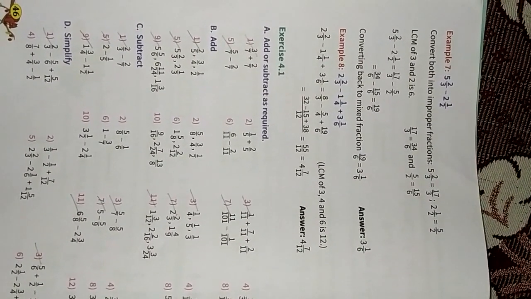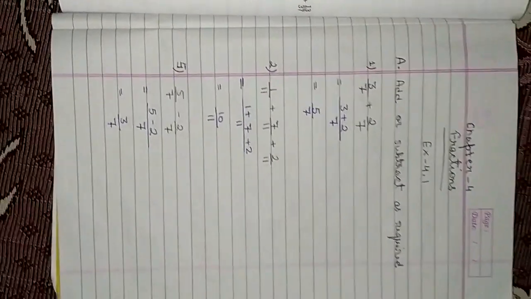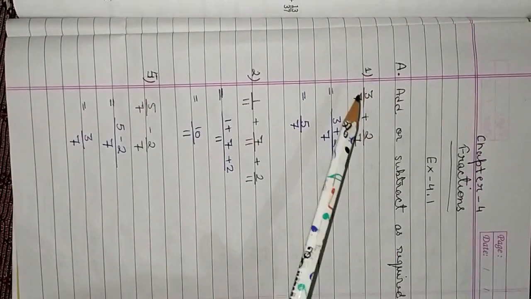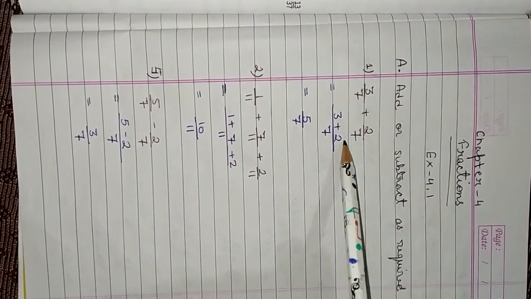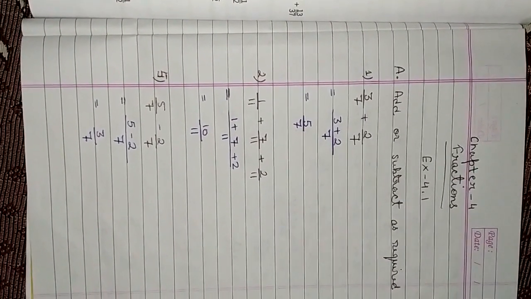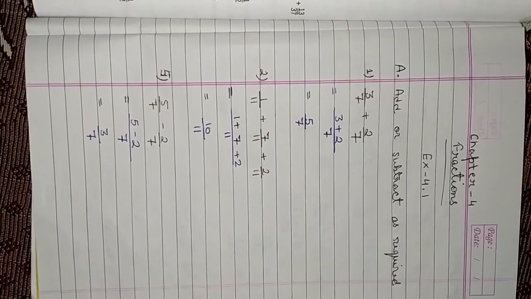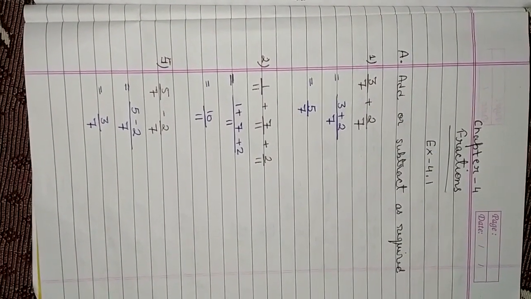Question number 1, 3 by 7 plus 2 by 7. Now look at the fractions 3 by 7 and 2 by 7. Both fractions have the same denominator, so fractions which have the same denominators are called like fractions.